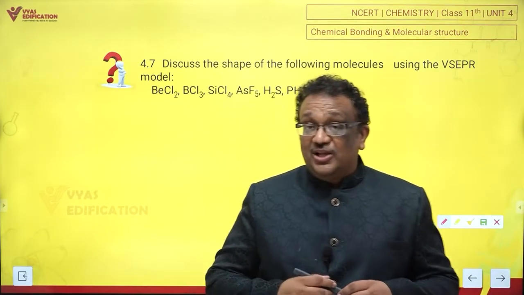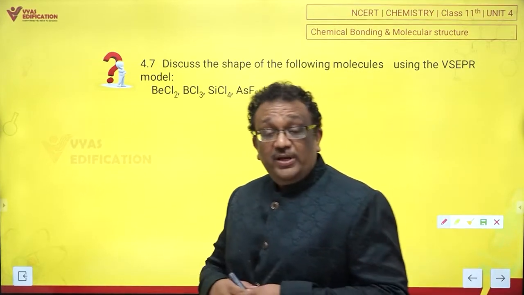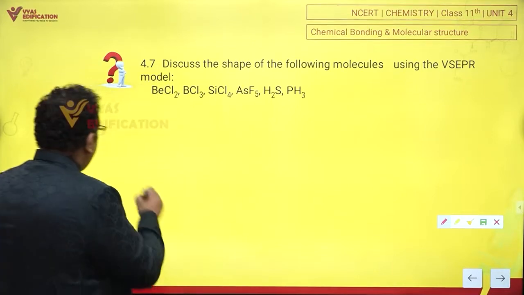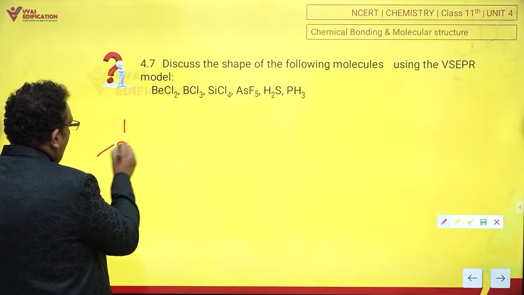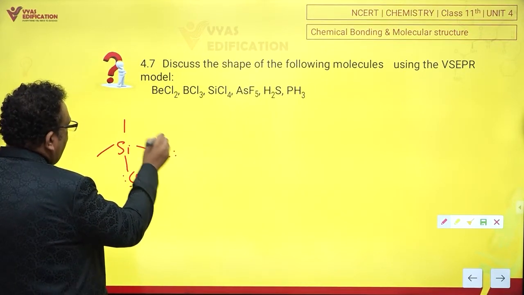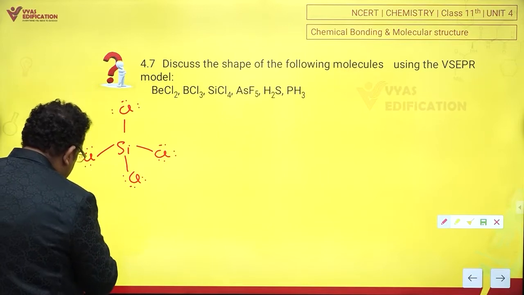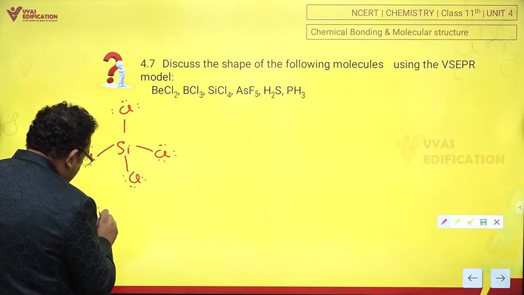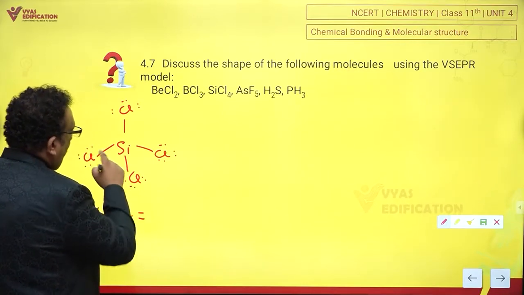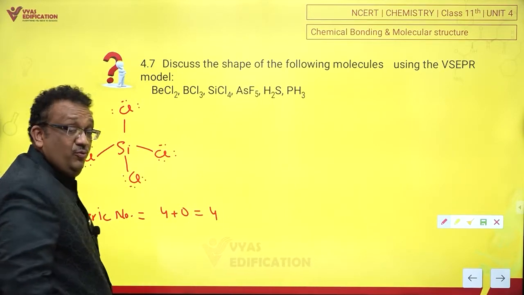Very quickly, let's take a look at the remaining ones also systematically. The next one is SiCl4. If I draw the Lewis dot structure of SiCl4, the steric number will be equal to 1, 2, 3, 4 sigma bonds plus 0, which is 4.